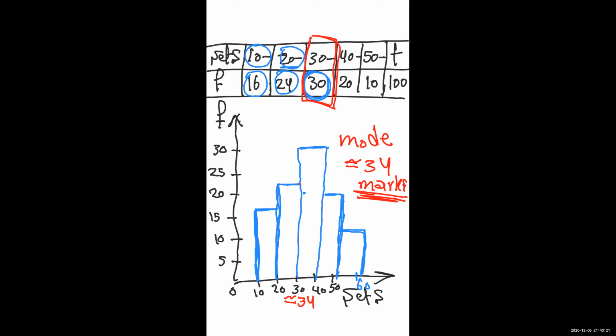Determine the set which has the greatest frequency, right? Yes. Okay, so which one has the greatest frequency? It's 30 and 30. So now, from this point and from this point, I'm going to draw two lines so that these two lines will intersect with each other.